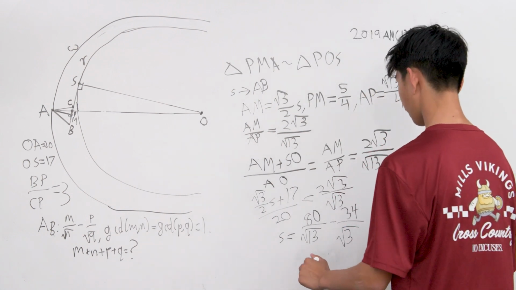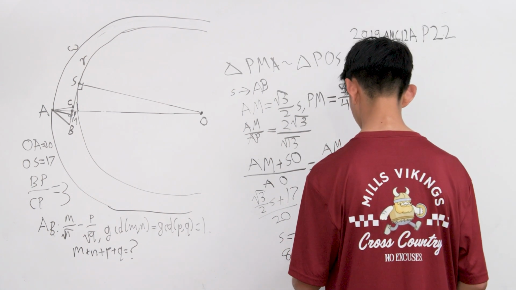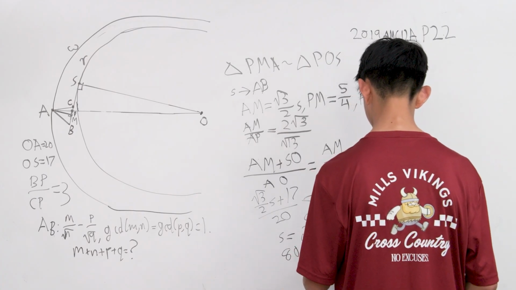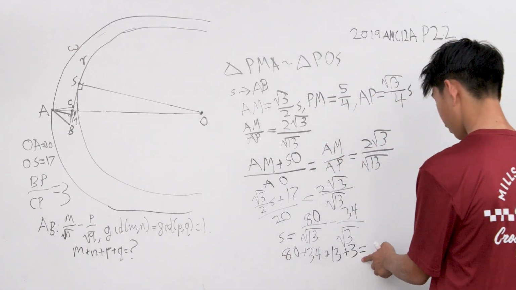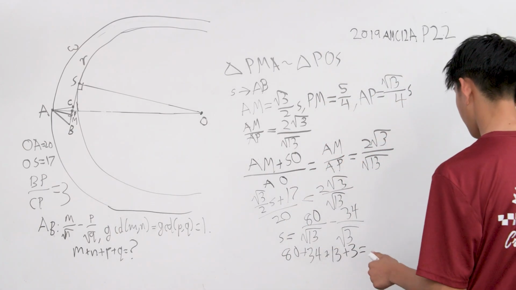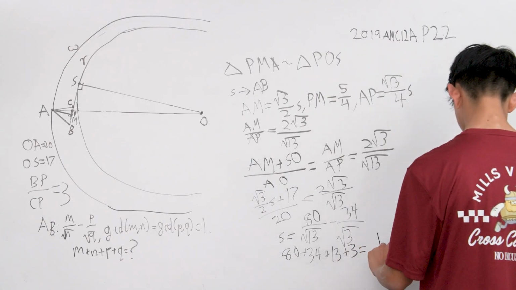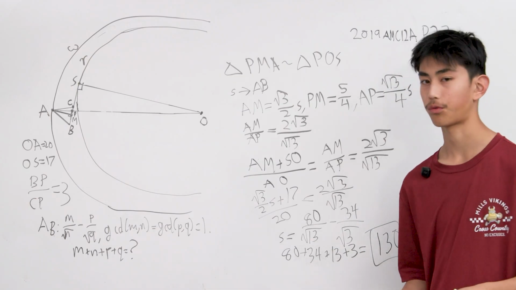So we sum these four numbers, 80 plus 34 plus 13 plus 3. 13 plus 3 is 16, plus 34 is 50, plus 80 is 130. Answer choice E is our answer for this test.